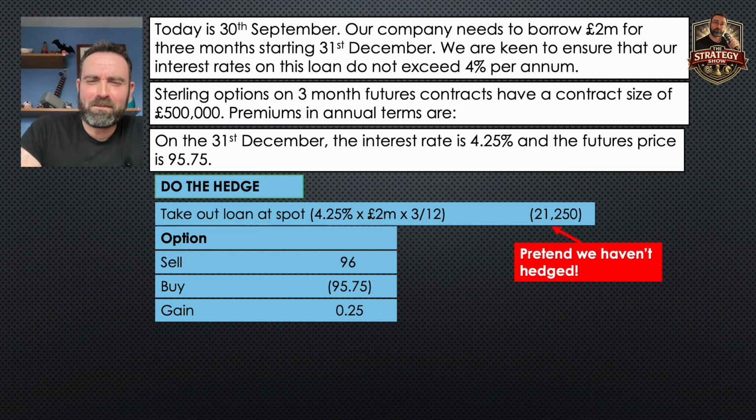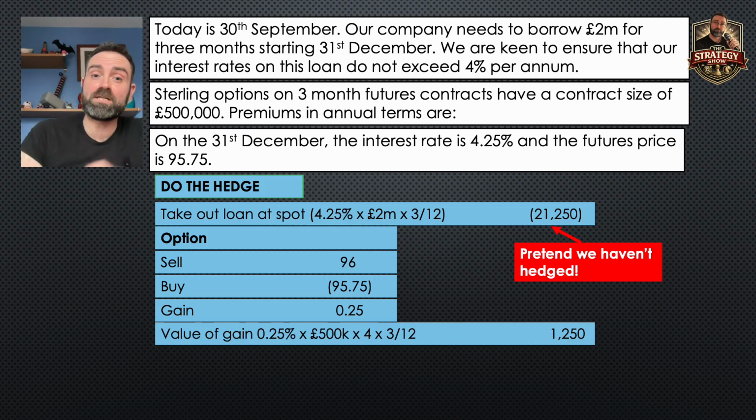Well, how much money do we make from the futures then if we're going to make this gain? Well, we have to figure out the total gain we get from this across all the interest rate futures that we traded. So what we do is we take that 0.25%, watch your decimal places if you're doing this on a calculator, and then we multiply it by the number of contracts, which is 4, and the contract size, which is £500,000.